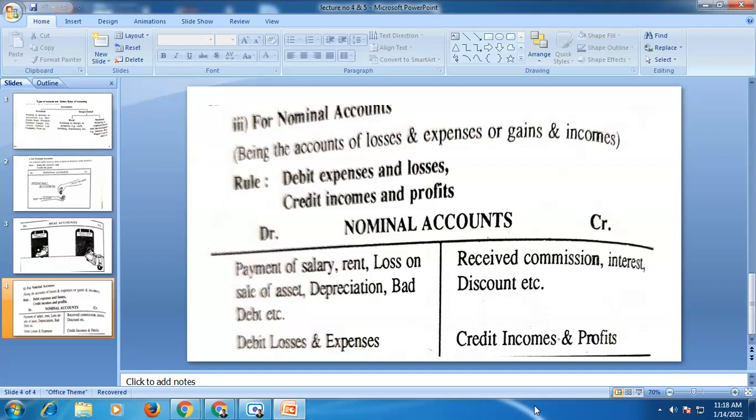And whatever the credit balances, such as commission received, interest, discounts, credit income, profits, gains, all the incomes and gains should be credited under the nominal accounts.